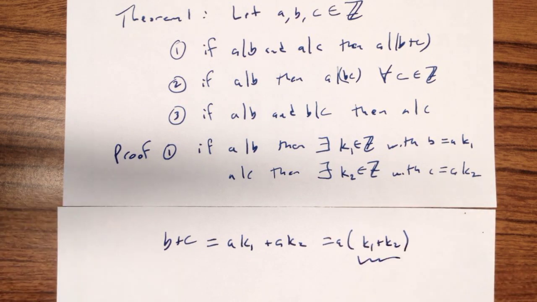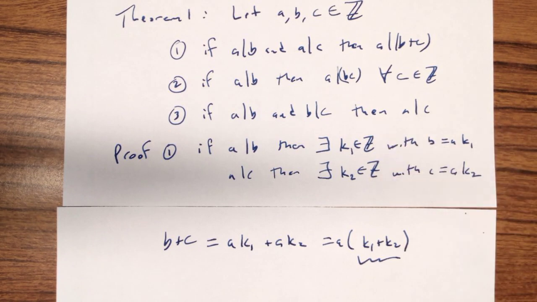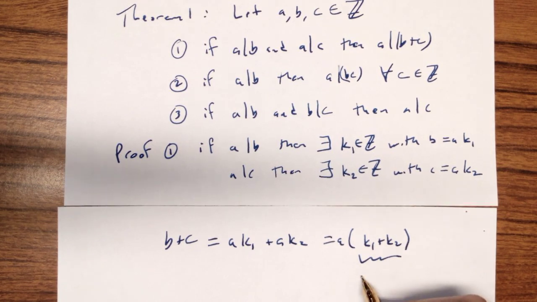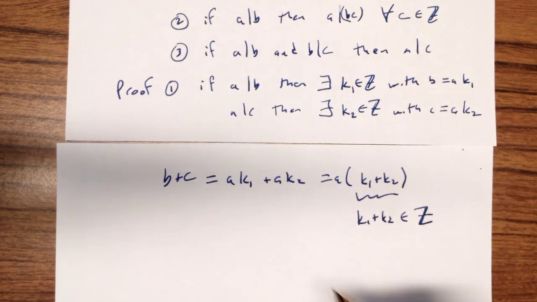What do we know about that thing in the parentheses? It's the sum of integers. And if it's the sum of integers, then it's also an integer. Let's give it a name. We'll call it K3. You okay with that? Or would you rather call it something else? We can call it whatever you want.